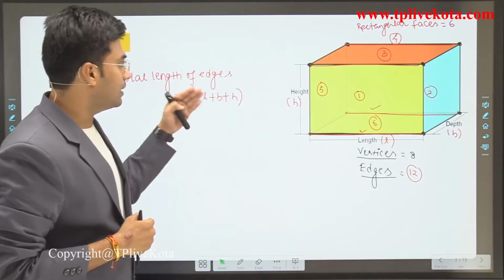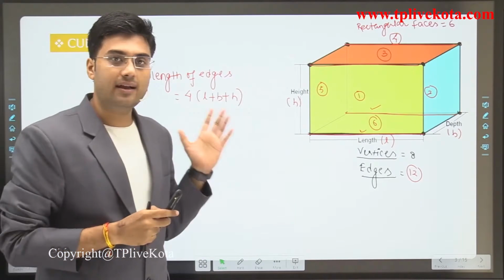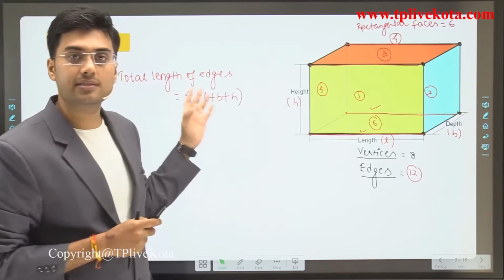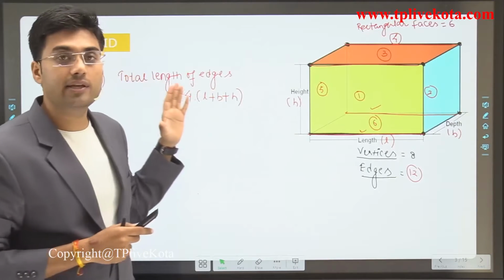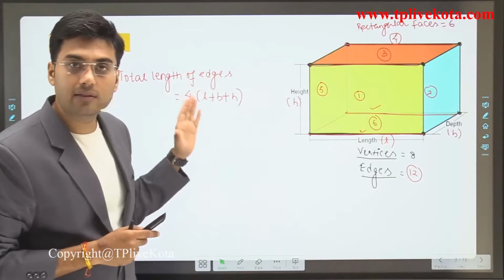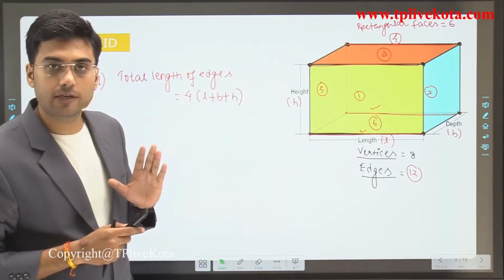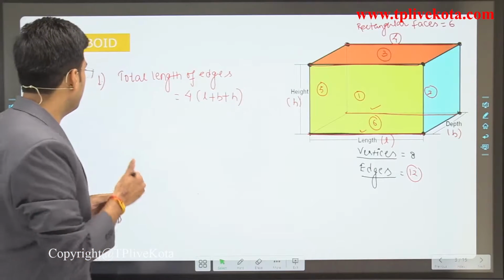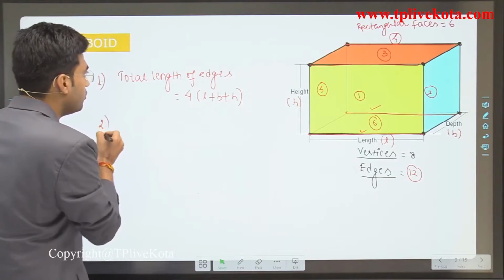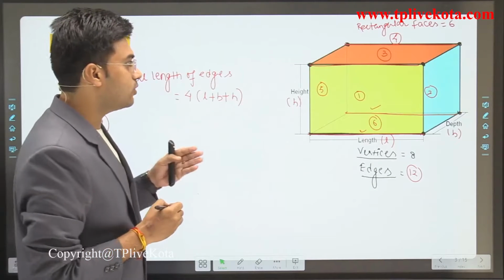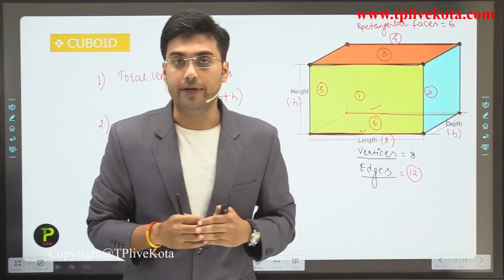So all the dimensions length, breadth and height come 4 times. So we can say that the total length of edges is 4(L + B + H). Clear?